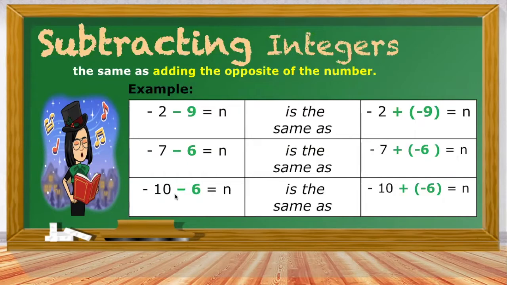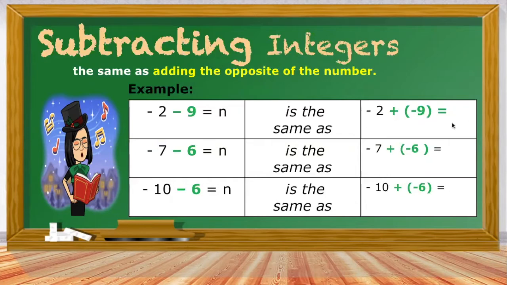Negative 10 minus 6 is equal to n. It is the same as negative 10 plus the opposite of 6, which is negative 6, that is equal to n. Now let us answer them. Negative 2 plus negative 9, same signs, add and keep, negative 11.